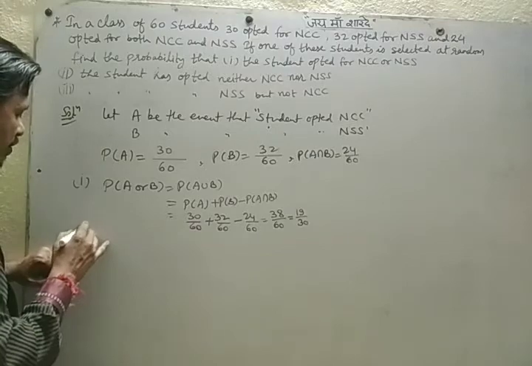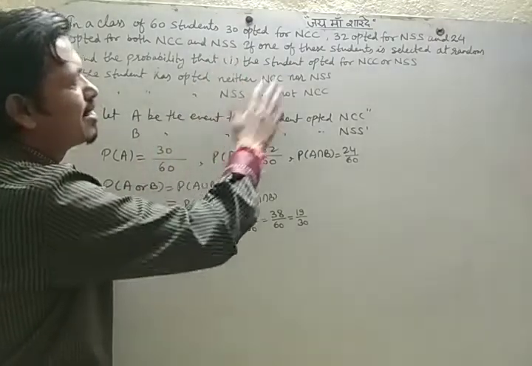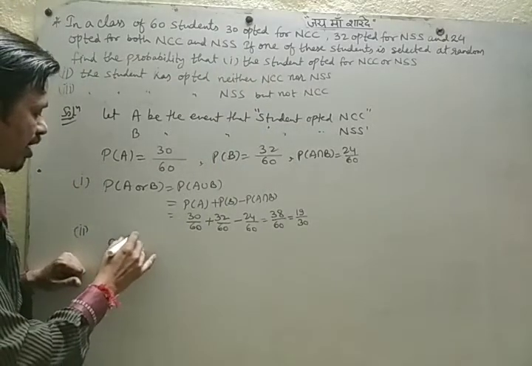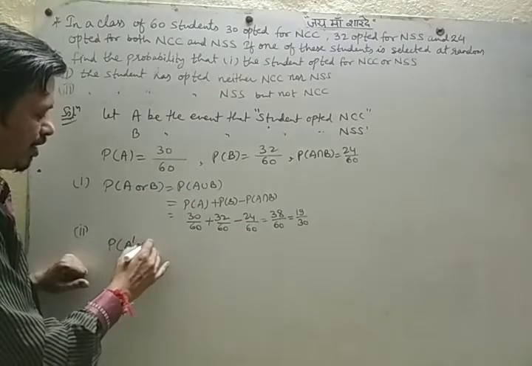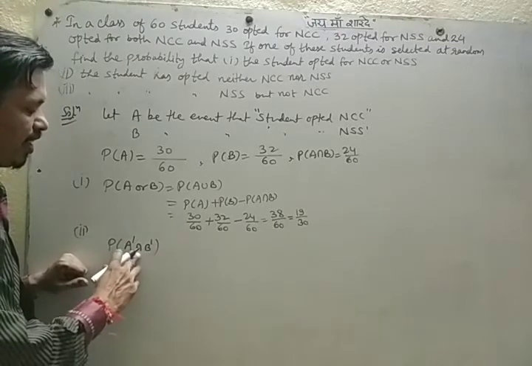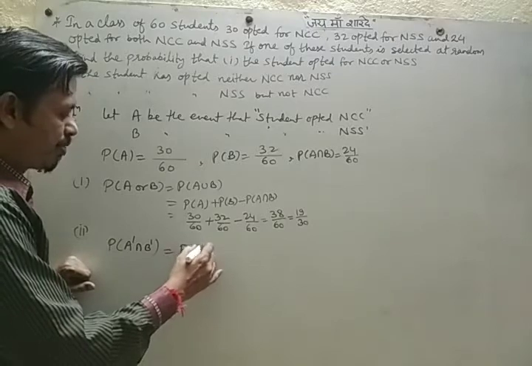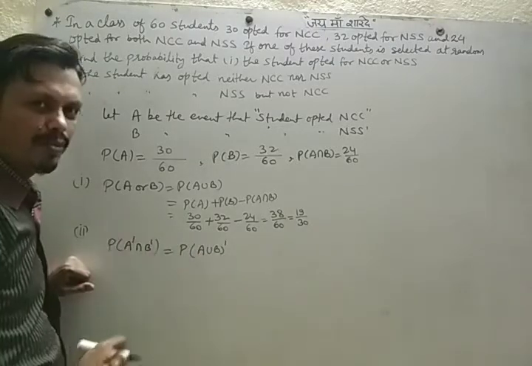For the second part, the student has opted neither NCC nor NSS. Neither NCC means not A. Now nor means and, not NSS. So A dash intersection B dash. So it can be written as the probability of (A union B) complement by De Morgan's law.